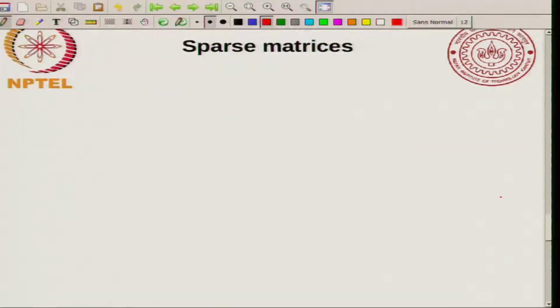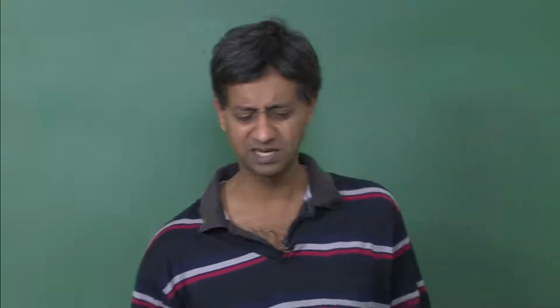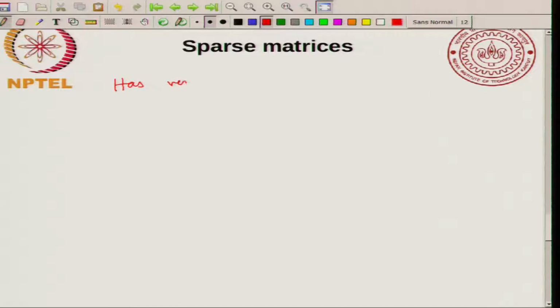The other kind of matrix I will mention is what is called a sparse matrix. A sparse matrix has very few non-zero elements. That means you have a matrix where you have some numbers C1, C2, C3 and most of it is 0.